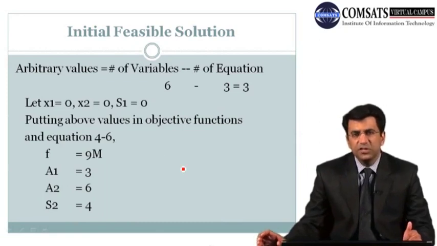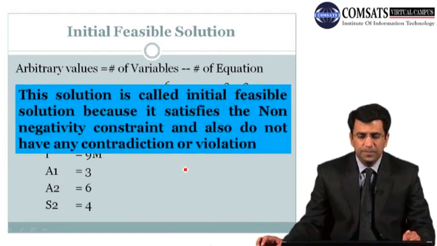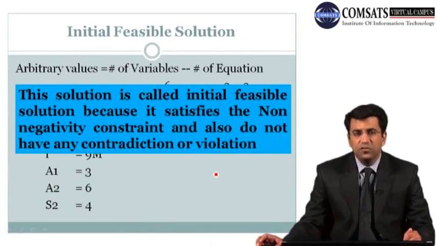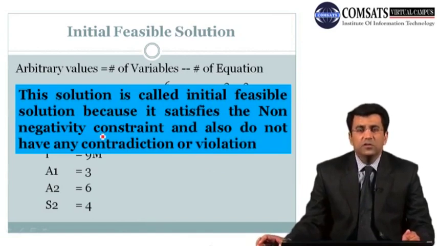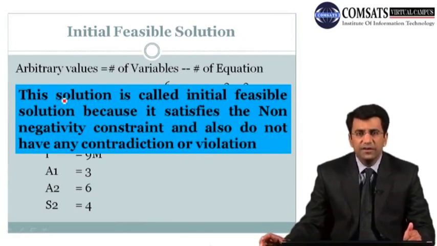Now this method is almost same as we have already used in our previous examples. This solution is called the initial feasible solution because it satisfies the non-negativity constraint and also does not have any contradiction or violation. So students, initially we had some contradiction and violation.